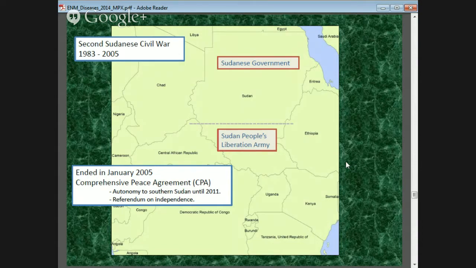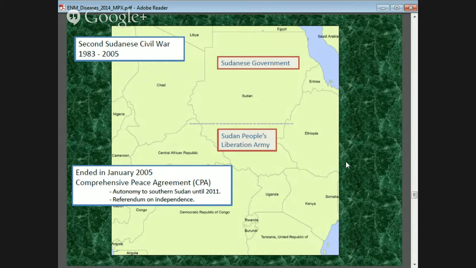They would come back in 2011 for a referendum to see if people wanted autonomy from Sudan and become two countries, which we now know happened.